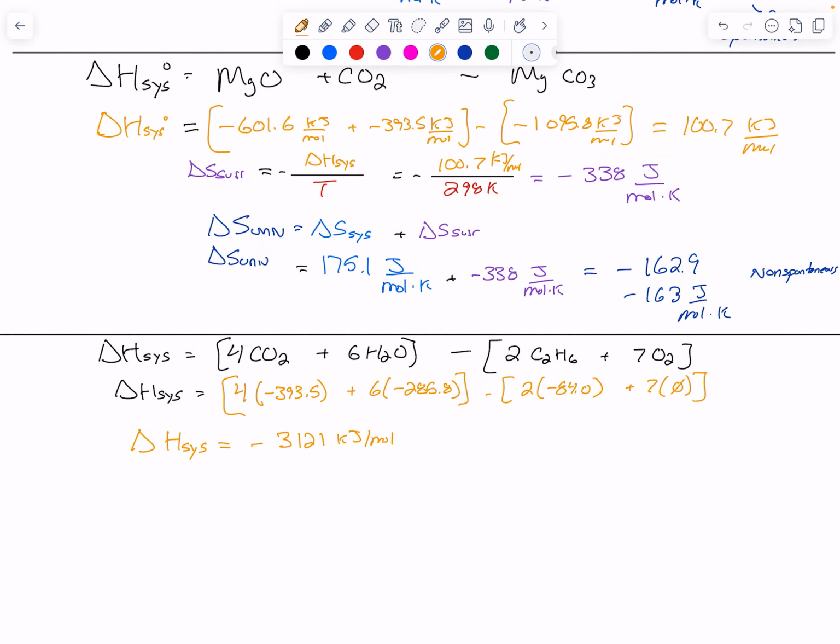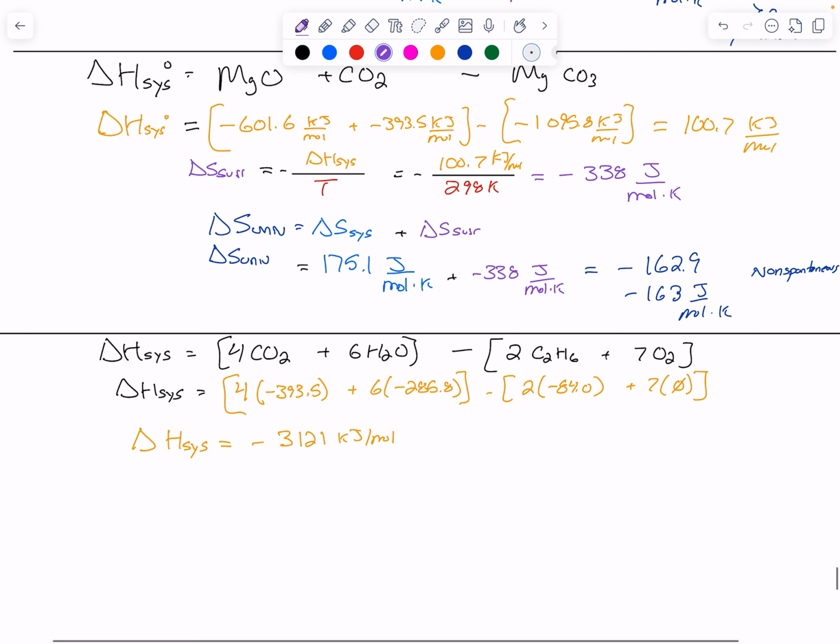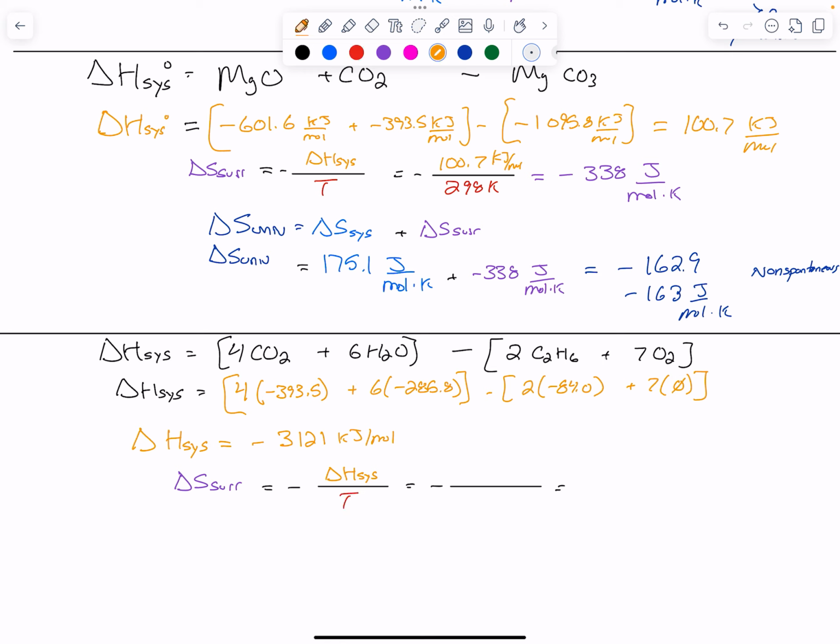And so, back to delta S surroundings, which is equal to negative delta H over T. We have negative 3,121 kilojoules per mole over 298 Kelvin.